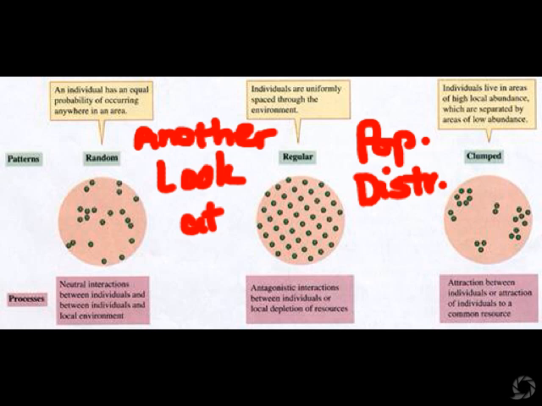So that random distribution really tells us that we're in an area of high, rich resource capacity. The clumped distribution tells us that the resources themselves might be patchy, and so organisms have to grow and live in certain areas. Good. That's about it for community structure.